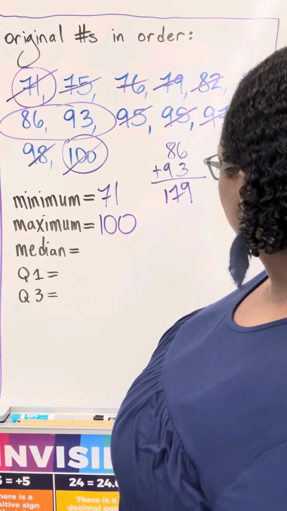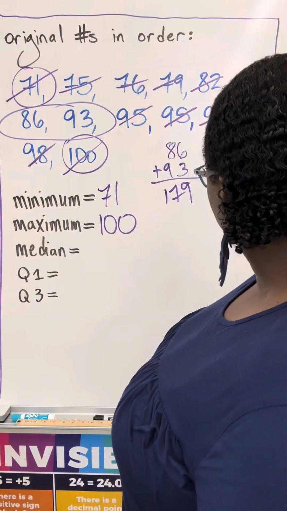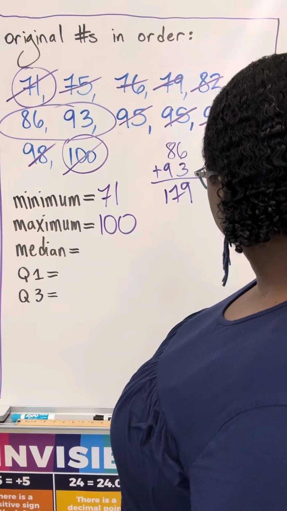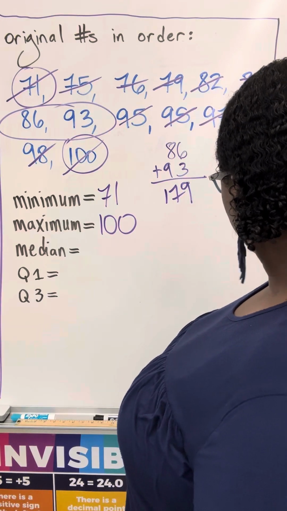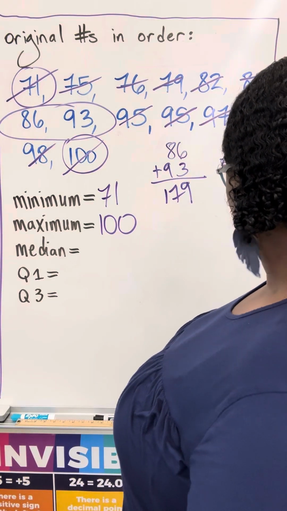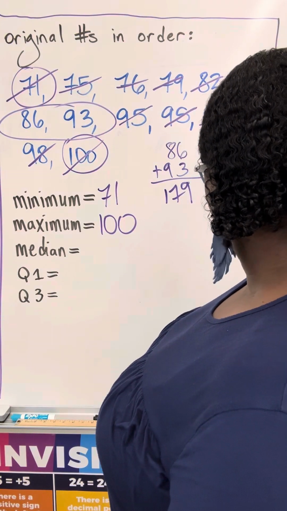Okay, so 179 divided by 2, and if you want to use a calculator, that's fine too.